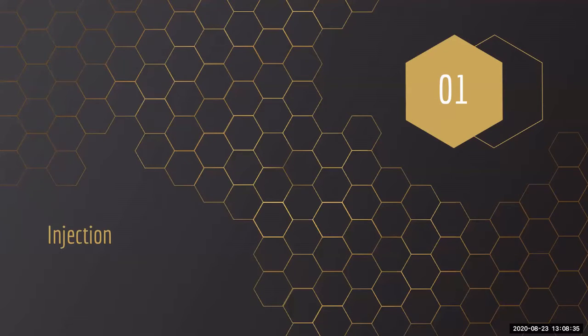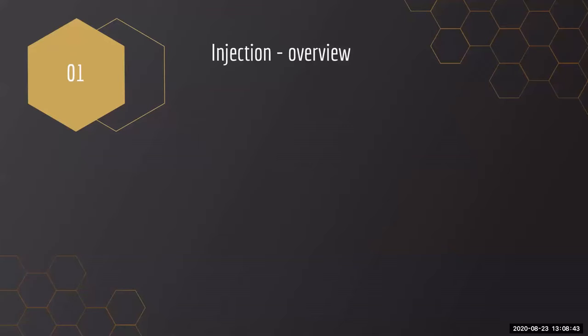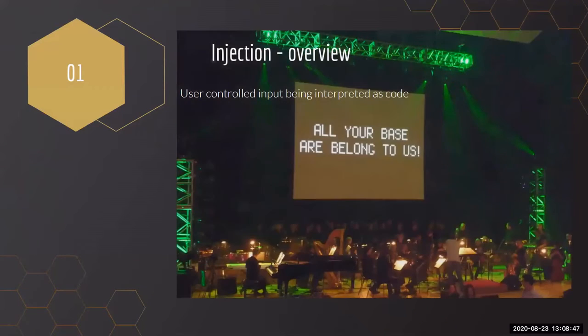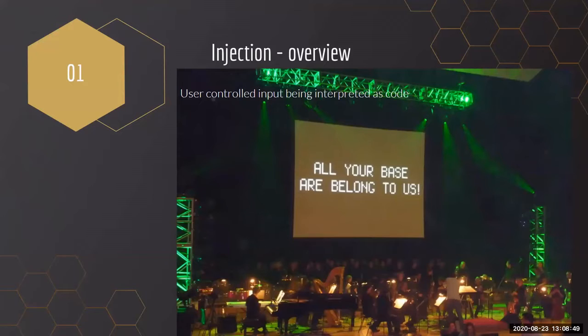So starting off, we're going to talk about the top vulnerability, number one, injection. Injection attacks are some of the worst out there because they often lead to remote code execution, RCE.